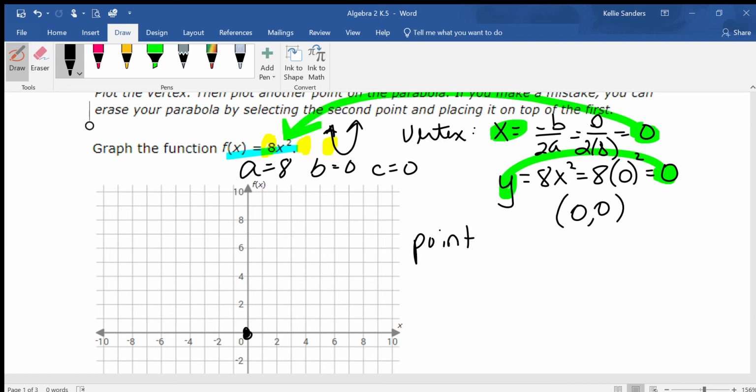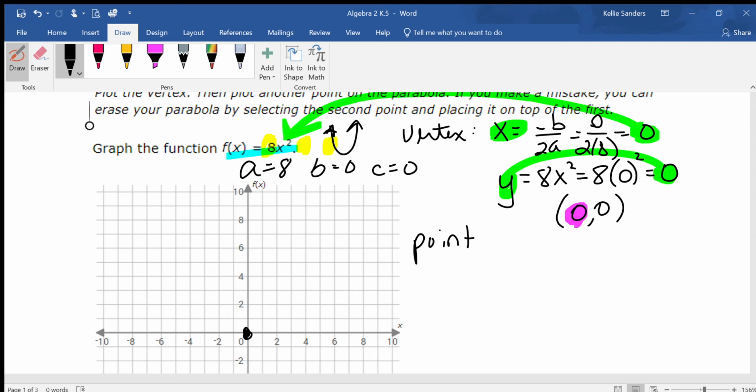So to get another point, look at our x from our vertex, which is at 0, 0. We want to pick a number really close to that to hopefully make it fit on the graph.